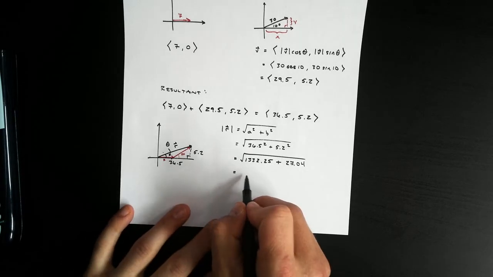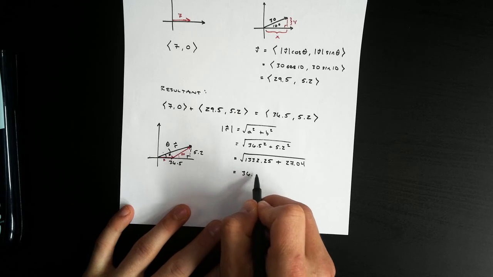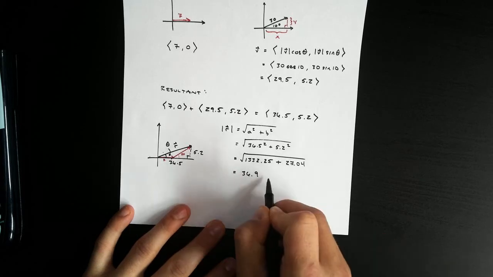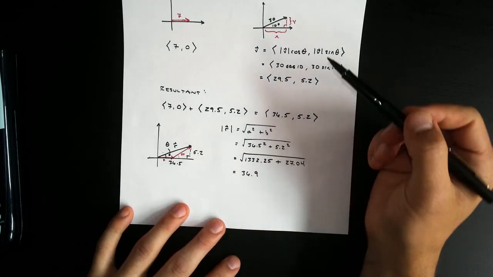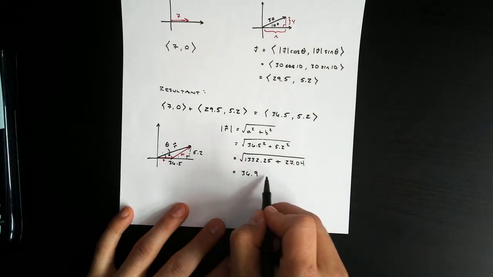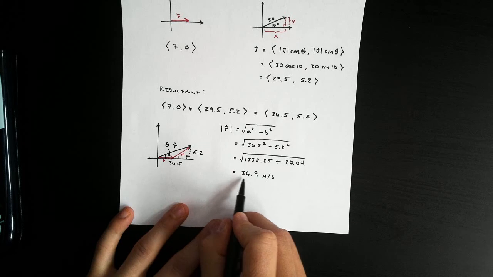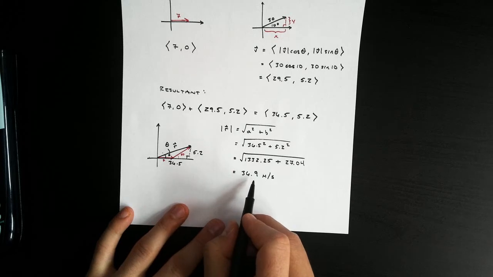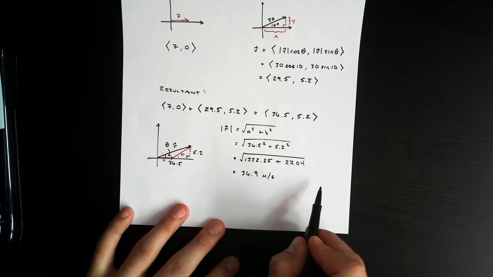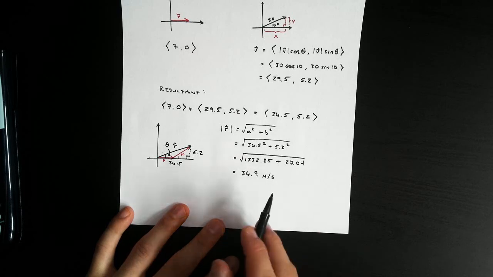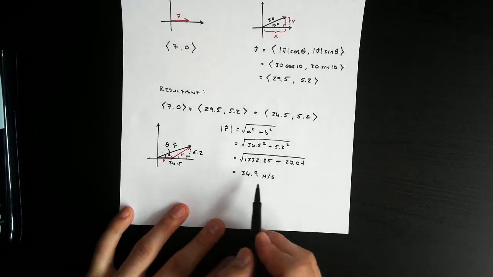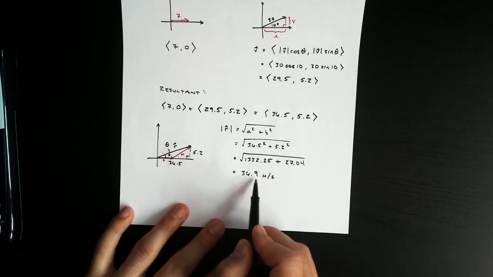So I end up with a magnitude of about 36.9. And in this case, just looking at what we started with, this is going to be meters per second. So the result of running forward at 7 meters per second and kicking it at 30 meters per second, we end up with about 36.9.